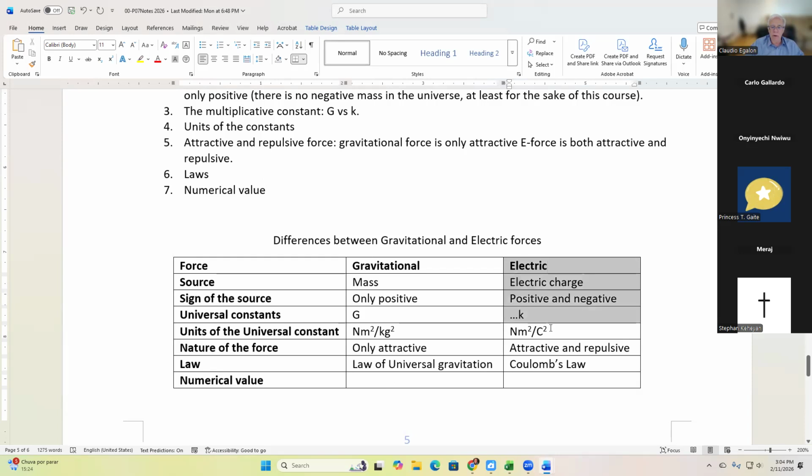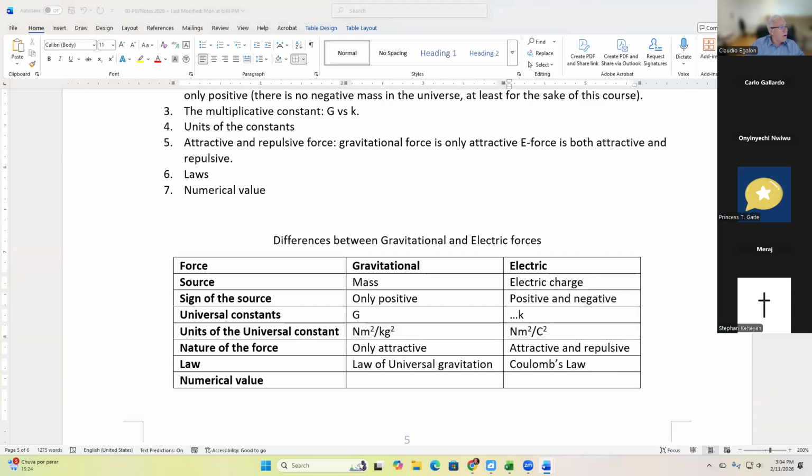Only the numeric value, okay? I'm not talking about the units. We cannot compare two different units, right? But we can compare the numerical value of each.